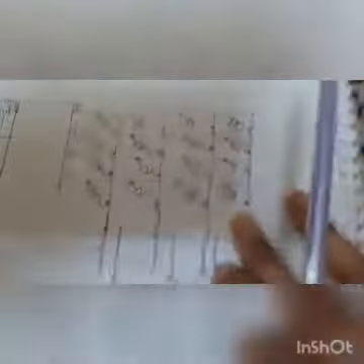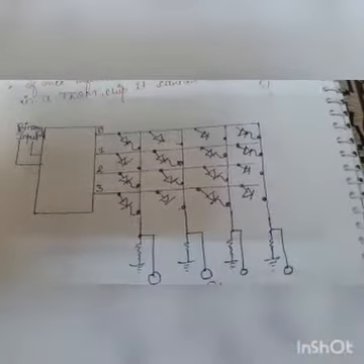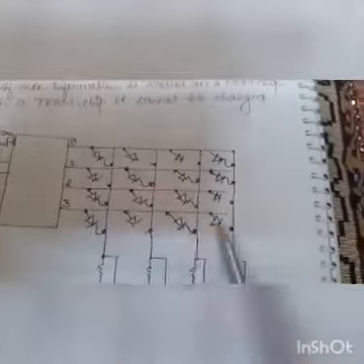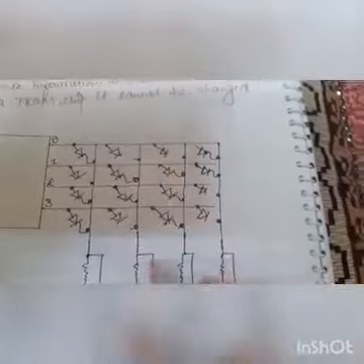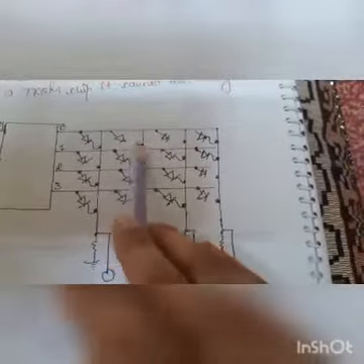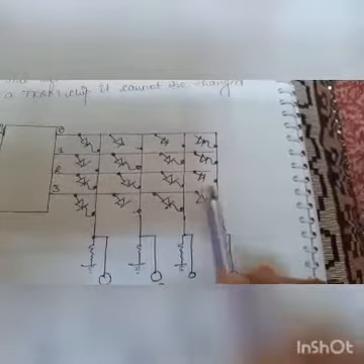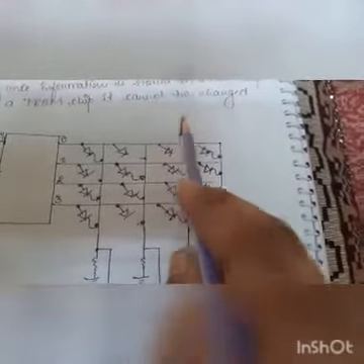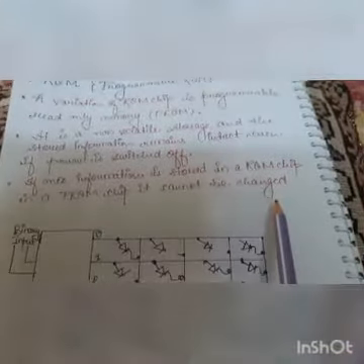So this is a disadvantage of PROM. This is a PROM chip. There are some fuse connections, and there is a resistance also. Diodes are connected, some are not connected, meaning fused or unfused.